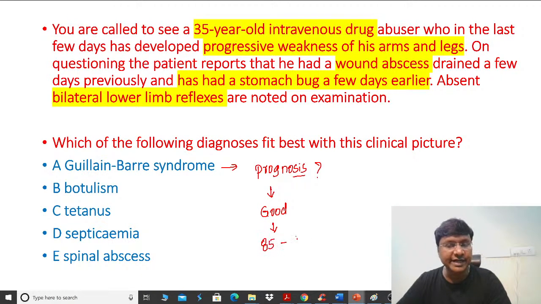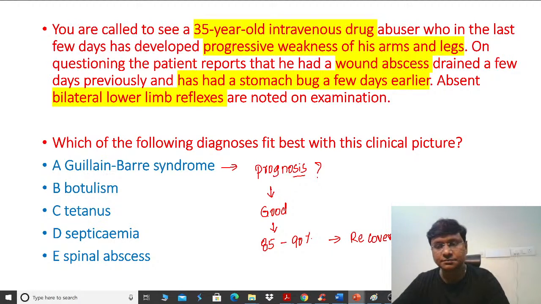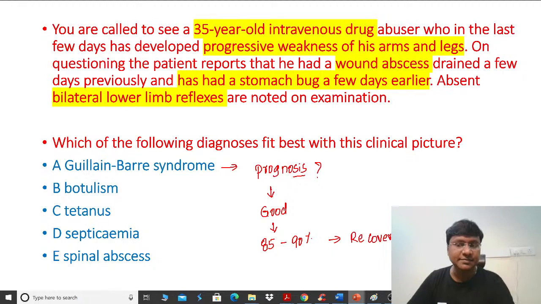Almost 85 to 90% of them recover completely. That is what you will see in Guillain-Barré syndrome.